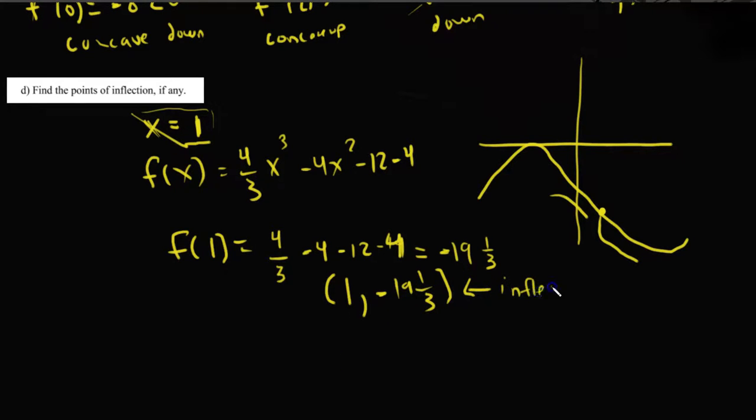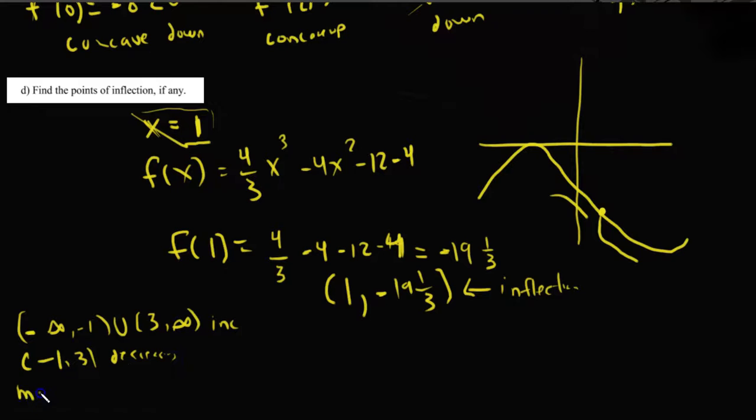Inflection is that, we've got the intervals of increasing, negative infinity to negative 1, union 3 to infinity, increasing, and negative 1 to 3 decreasing.